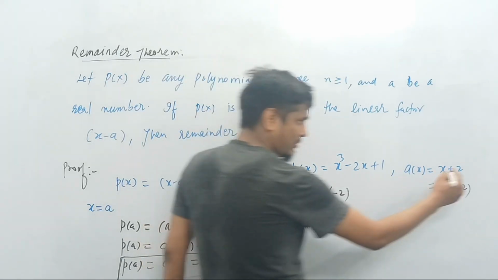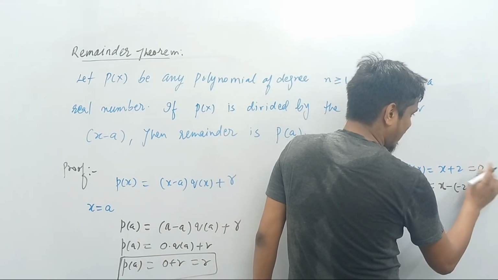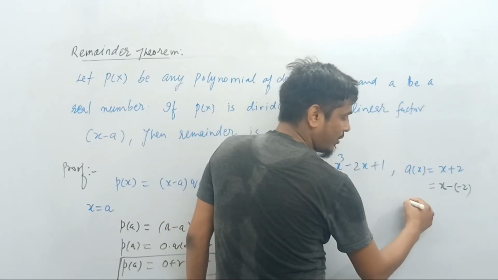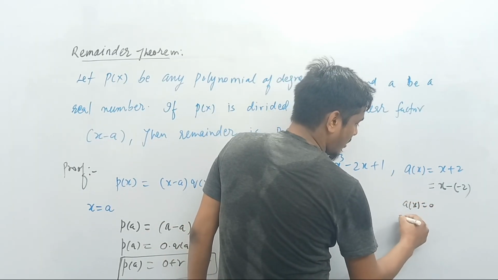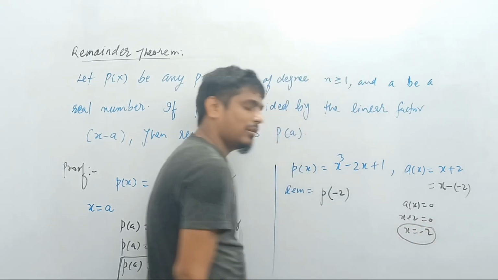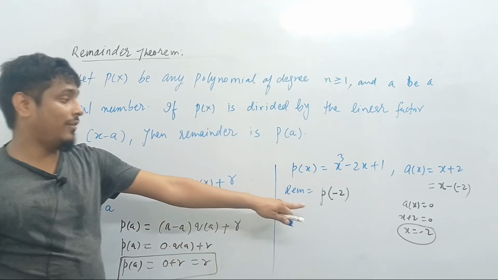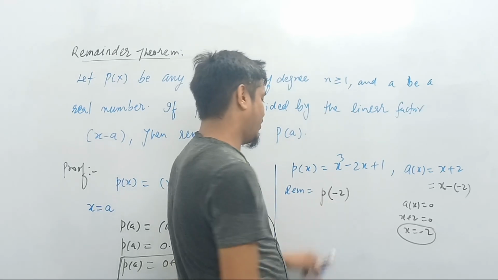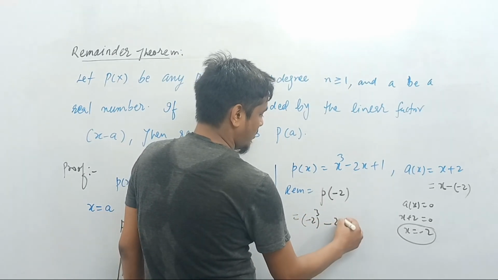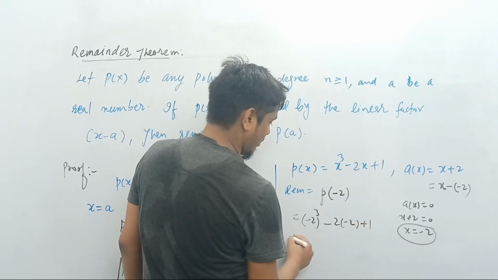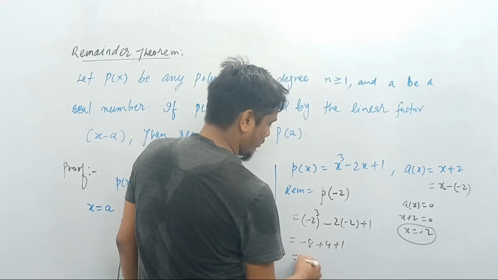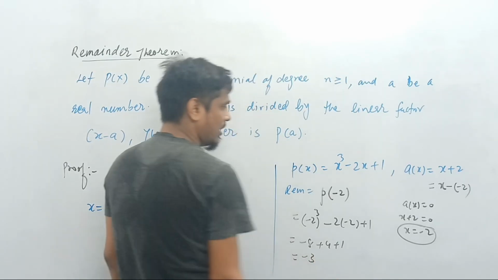So a(x) is equal to 0, means x plus 2 is 0, so x is equal to negative 2 is the value of x that if we substitute in this, we are going to get the remainder. So substitute this: minus 2 power 3, minus 2 times minus 2 plus 1, so negative 8, negative times negative is positive 4, plus 1, so this is going to give us minus 3 as the remainder.